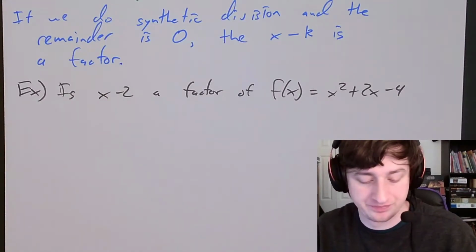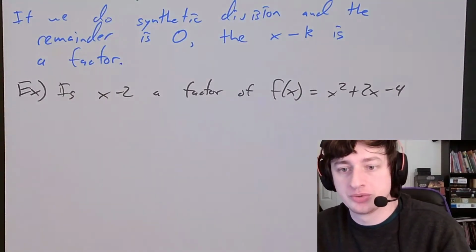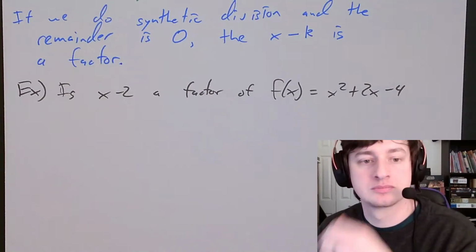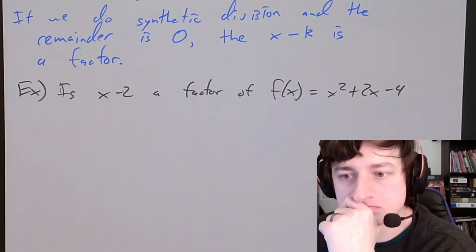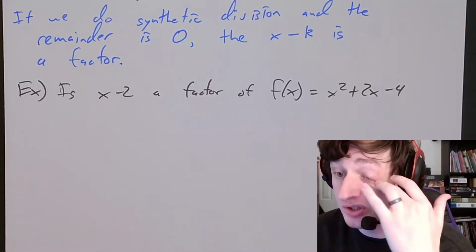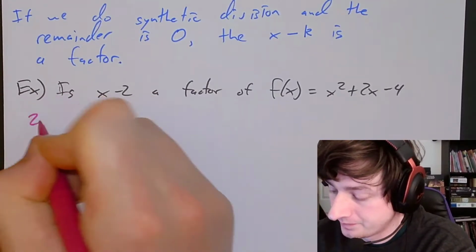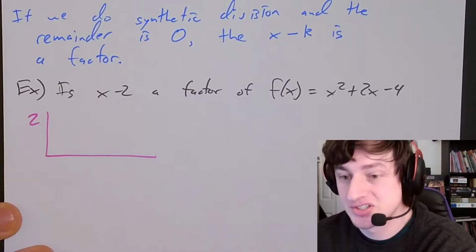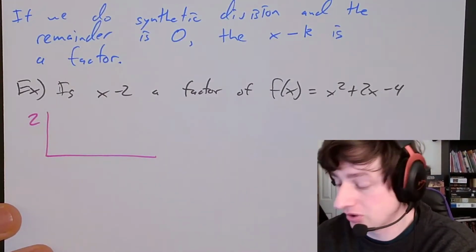Is that a factor? Well, so what we do is we just do synthetic division using 2. And if we get 0 at the end, then it is. And if we don't, then it's not.